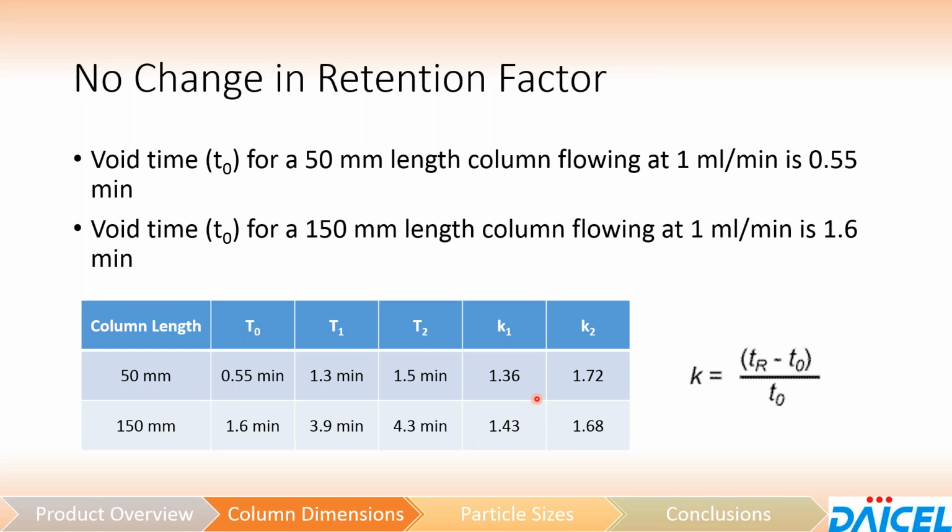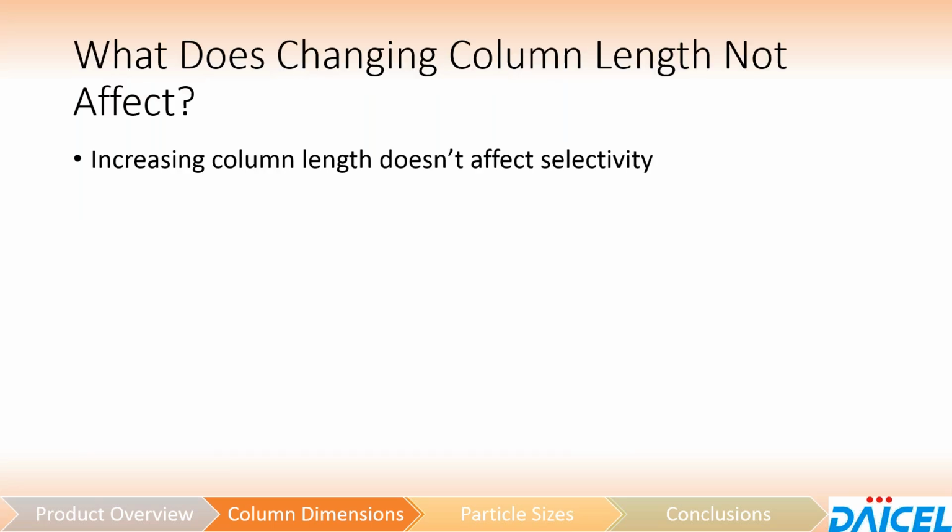There's some slight variation, partially in my estimations of the retention times, and also coming from slight differences in the column packing and so forth. But the proof is, in theory and in practice, that they're roughly the same, at least close enough that you can't say there's a significant difference.